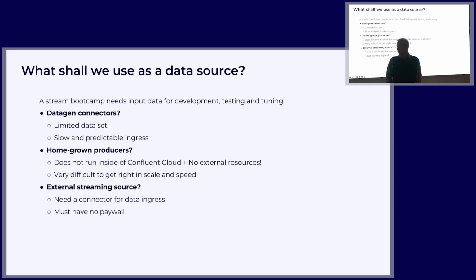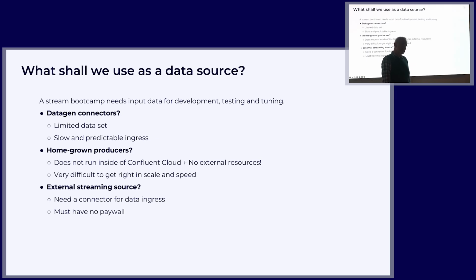Fine. What shall we use as a data source? One of the problems you have with these kind of things is, well, a stream is an endless provision of data, data coming in. Bank details, bank movements, or credit card movements, or sensor data coming in, or something like that. Endless data flowing in through sensors, through people typing stuff in, to movement of cars and so on. What I'm going to use in order to teach this?